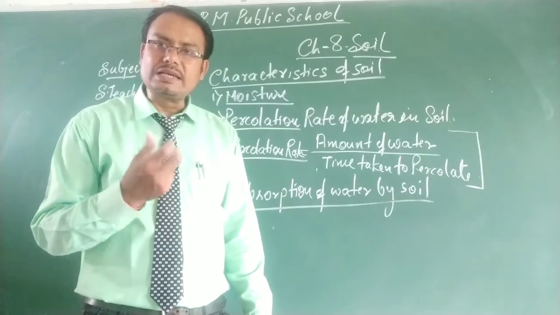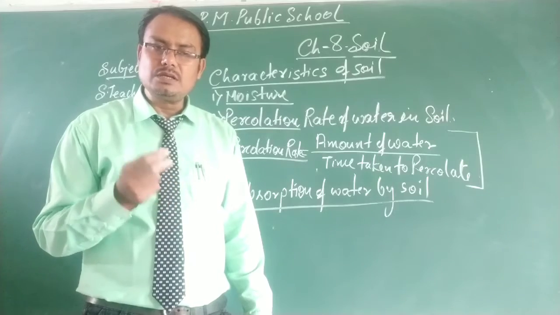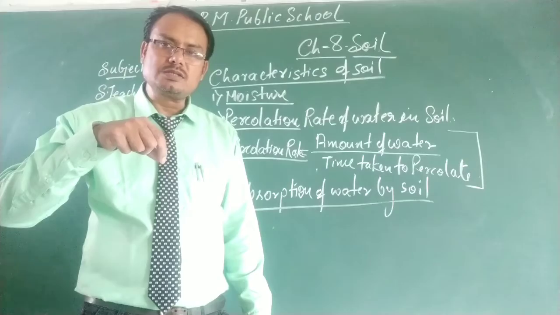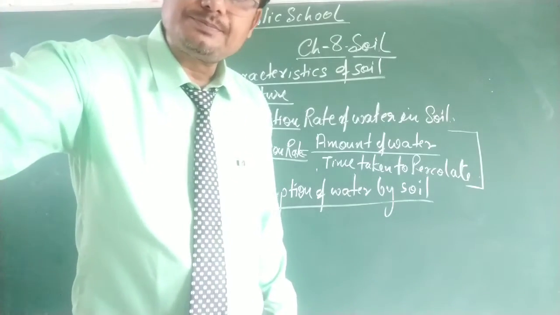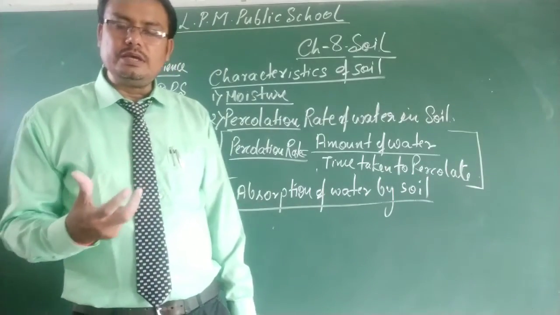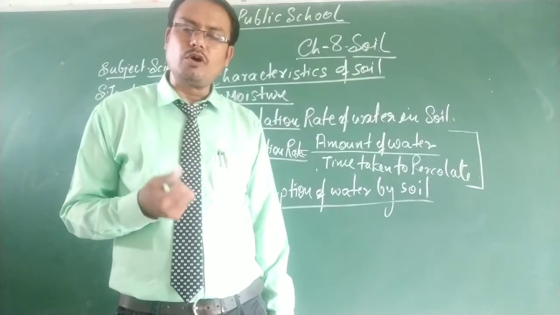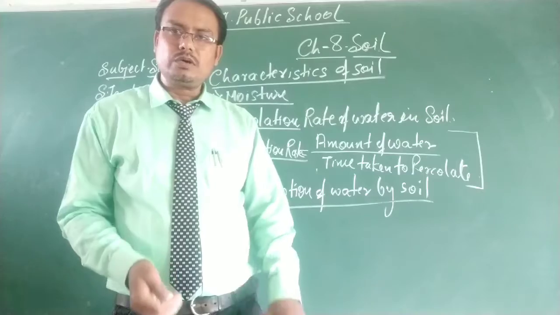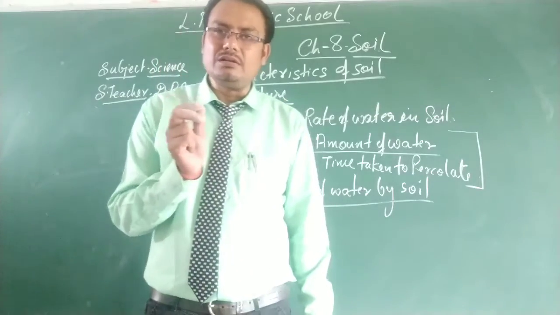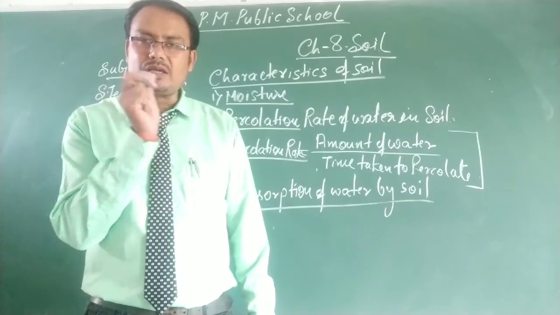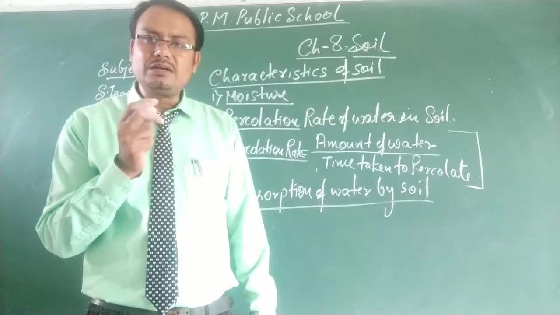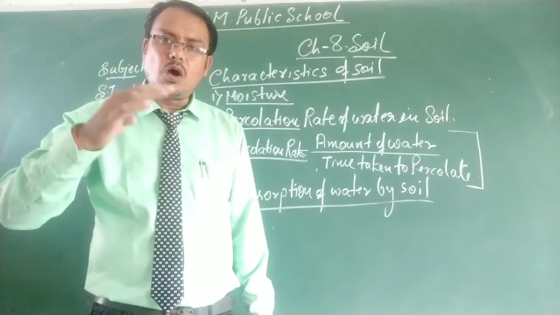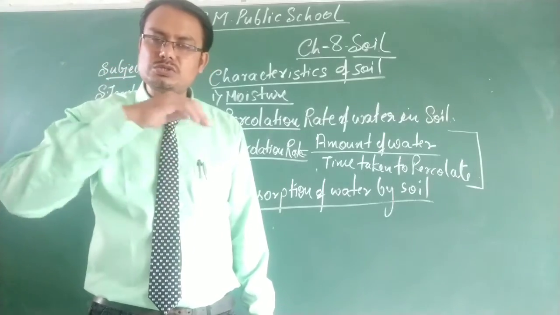But if the soil is clay type, with very fine particles, if you pour water on the clay surface, it can hold a good amount of water on the surface. So its grain, its type of particles, decides whether the water goes inside at a very high speed or at a very slow speed.